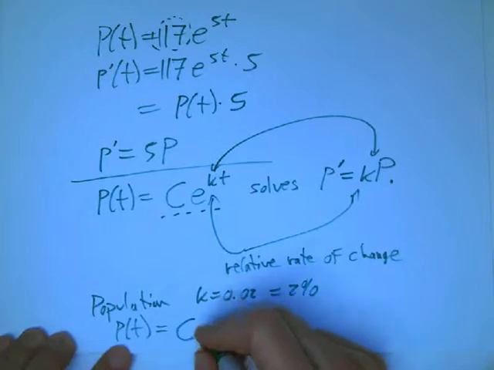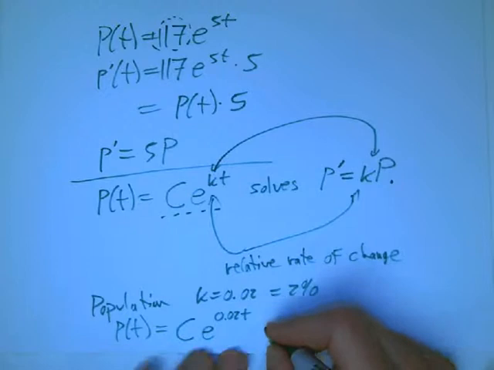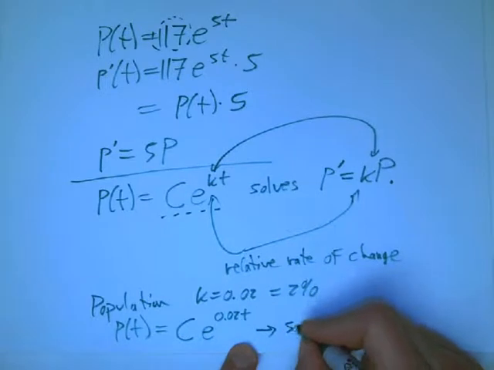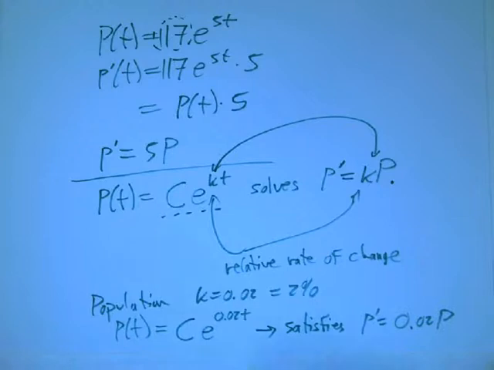And so P of t equals any number you like times e to the 0.02t is going to satisfy, or solve, same thing, p prime equals 0.02 times p.